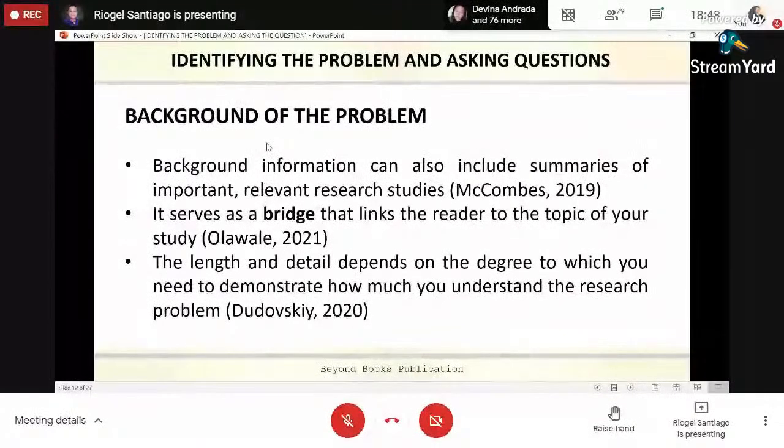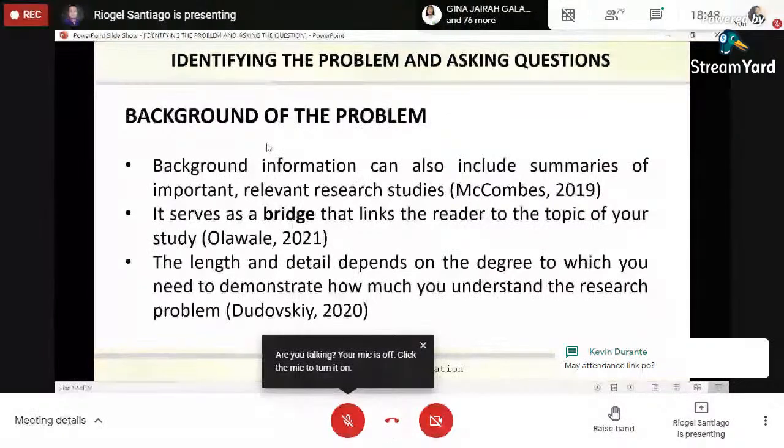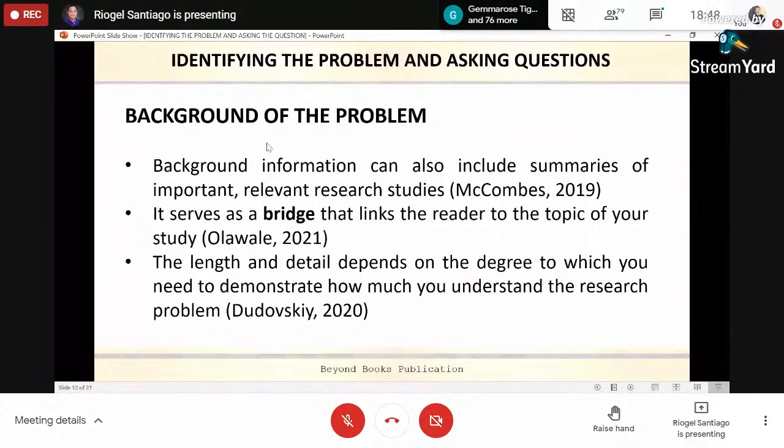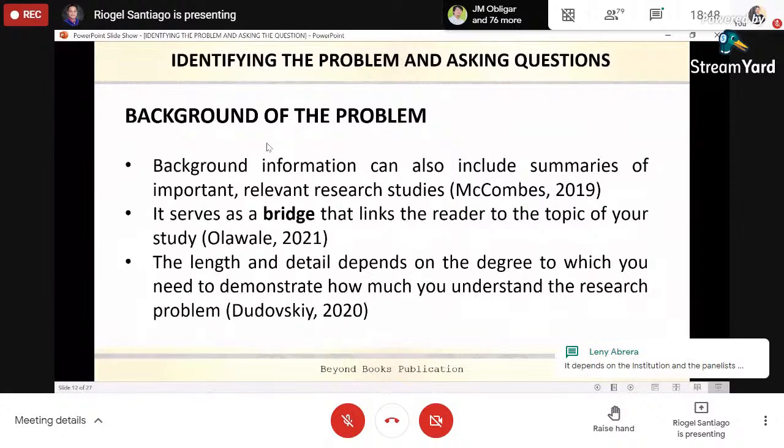Let's say, for example, nung ako ay nag-aaral ng aking doctorate at nagsusulat ng aking dissertation, doon sa institution namin, ang sabi kailangan 15 related literatures international, 15 Asian, then 15 local. Ang sinasabi natin dito, hindi naman kailangang sobrang haba ng introduction part or ng background of the problem na doon na lang nag-concentrate yung paper. Hindi yun ang sinasabi natin. So, depende sa length, depende sa hinihingi ng pagkakataon kung gaano kadami yung kailangan mong ilagay na related literature doon sa introduction part.